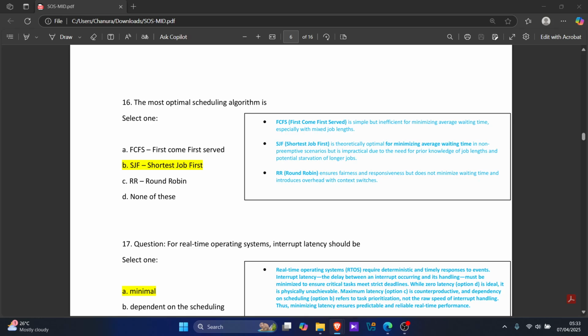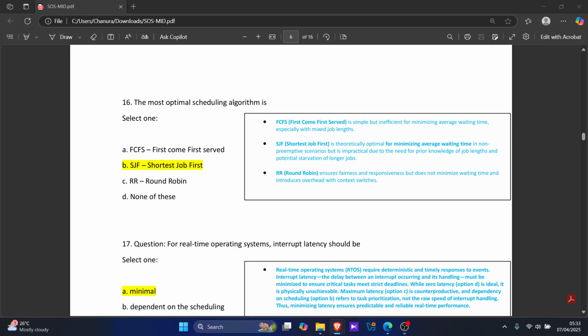But the question is about the most optimal algorithm, not the most practical. So in theory, SJF is optimal. But if the answer options include none of these, maybe the correct answer is that none, because there isn't a universally optimal algorithm. Or maybe because the actual optimal is a different algorithm not listed here, like SRTF.